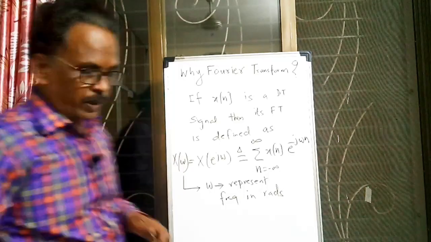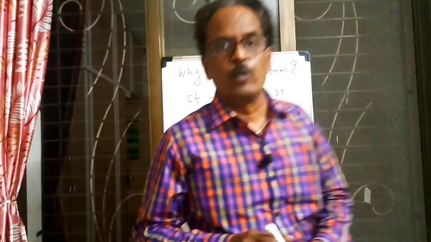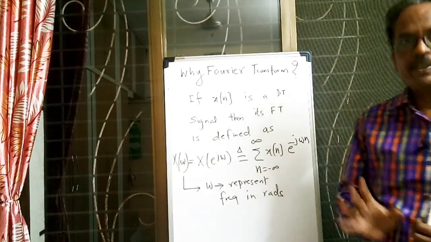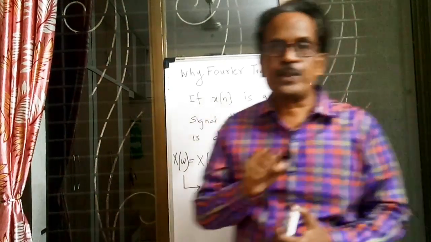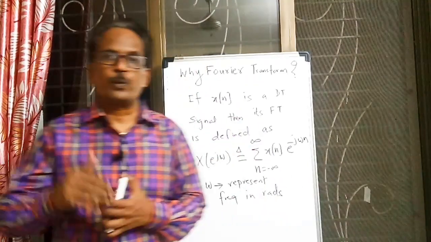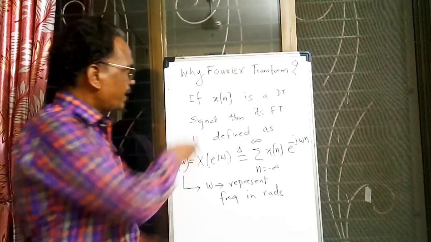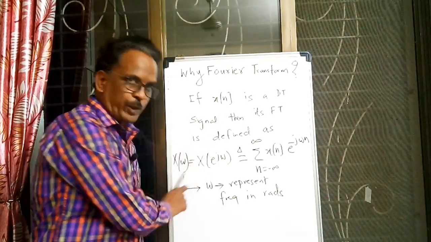As I told you, there are many things which are not visible in time domain and which we want to extract. So many times we have to go from one domain to another. Here we have gone from time domain to frequency domain.